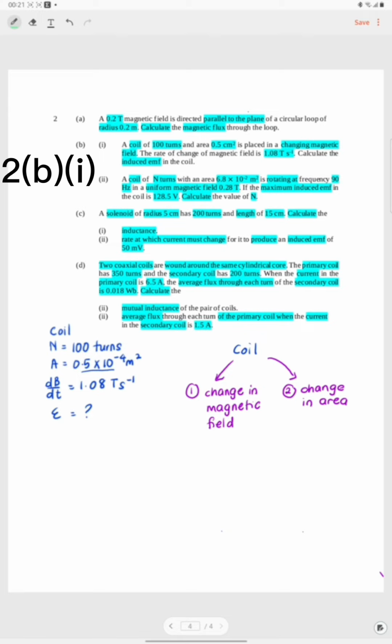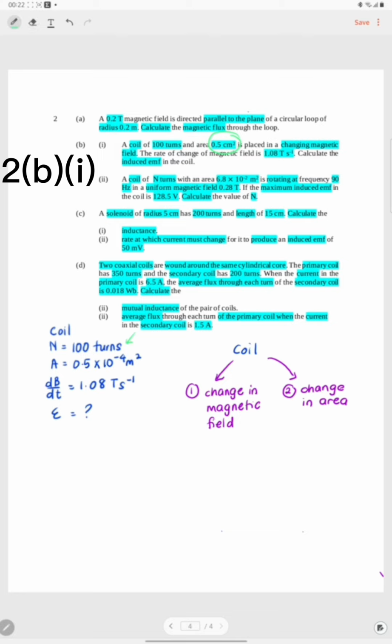When I read the question, I highlighted the information, and I have also listed down all the information given. We have a coil case, and the number of turns given is 100 turns. The area given is 0.5 cm squared, but we need to change it into meter squared, so make sure you multiply by 10 to the power of -4.